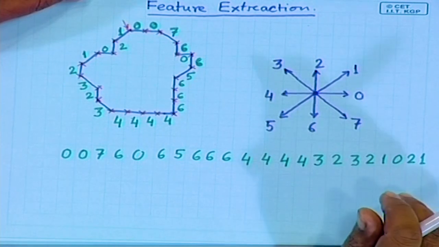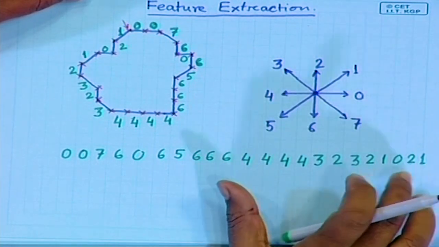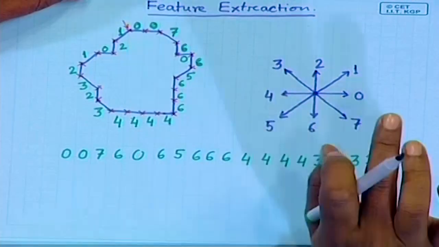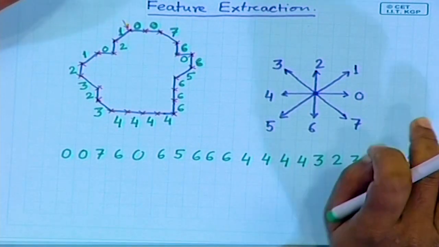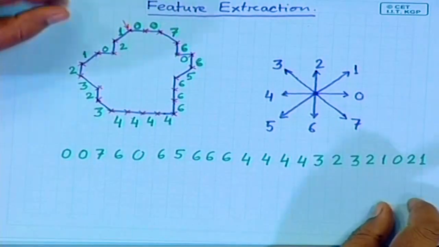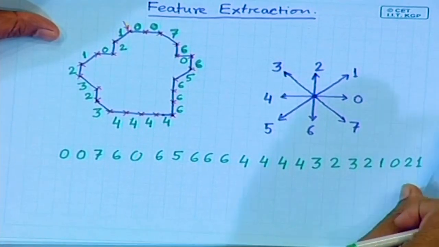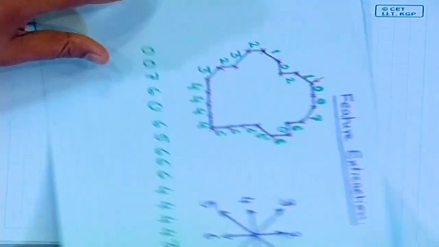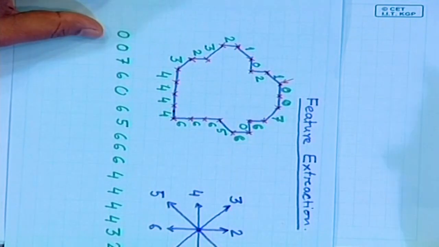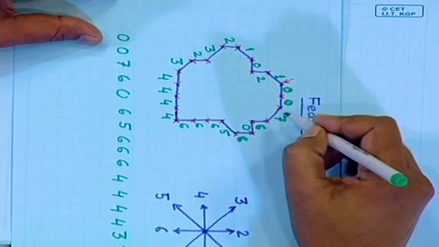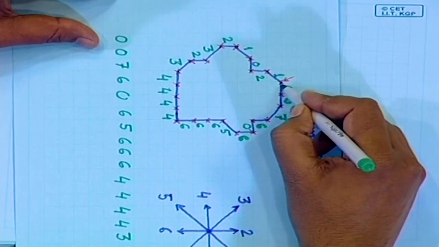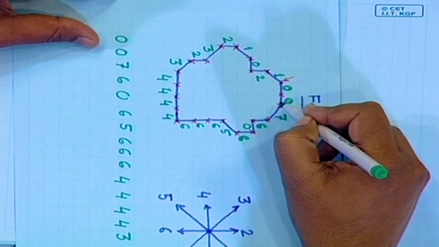Okay. Now, as I said, if the figure is rotated, in that case this chain code will be entirely different. So, for example, instead of putting the figure something like this, if I simply rotate the figure by 90 degrees, if I make the figure of this form, in that case the earlier one which was 0 will now become this one which will be 7.